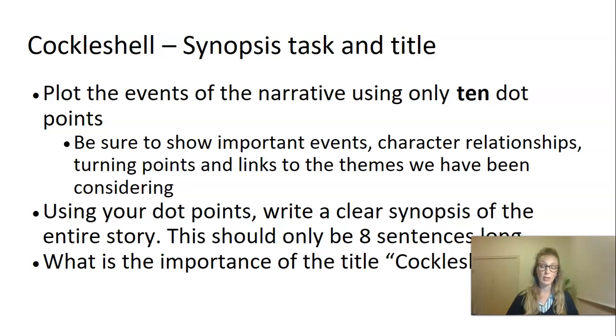have been considering. Now, with character relationships, I would stress that you look beyond just the main character relationship. So look beyond Agnes and Breaky, for example. Consider the relationships with minor characters like Breaky's mum. When you're reading the text, you'll get this sense that the relationship is quite strained, it's tense, and that there's a lot of silence.